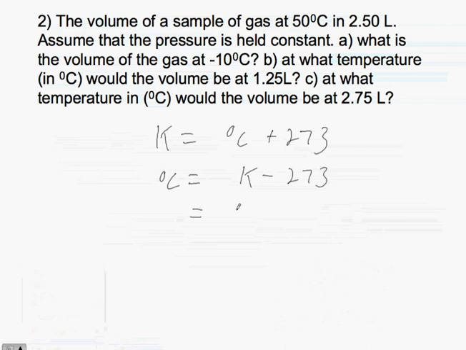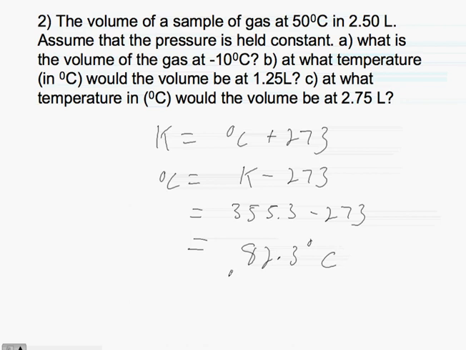That's 355.3 minus 273, which gives us 82.3 degrees Celsius. Okay, so these are typical examples of how to solve Charles's law problems.